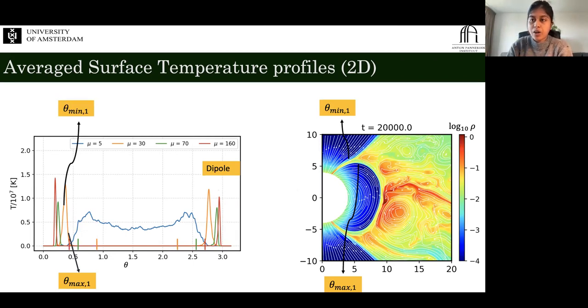So as you go higher up in the magnetic field strength, you push this radius further outwards and move the other angle closer towards the pole, but you're not really changing this theta min 1 angle. As a result, you get thinner and thinner columns as you go higher up in the magnetic field strength, and you also move the columns more towards the pole as you go higher up in the dipolar magnetic field strength.